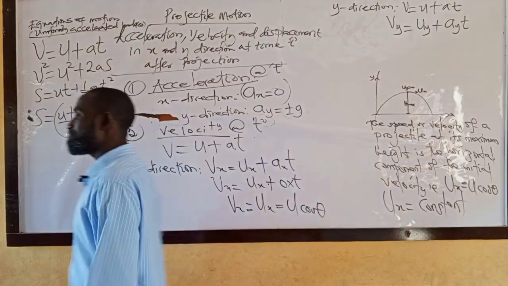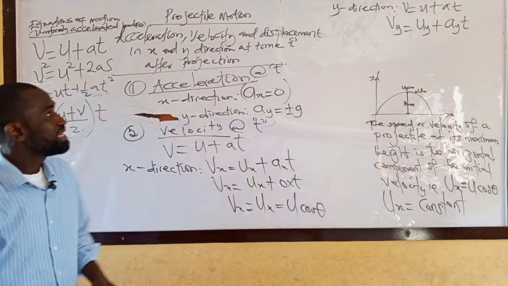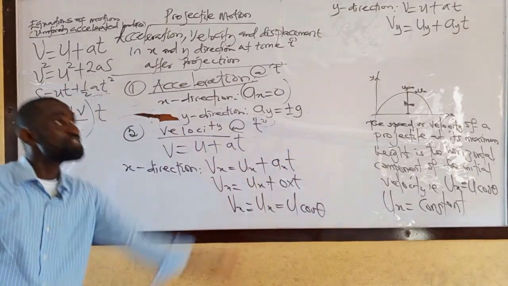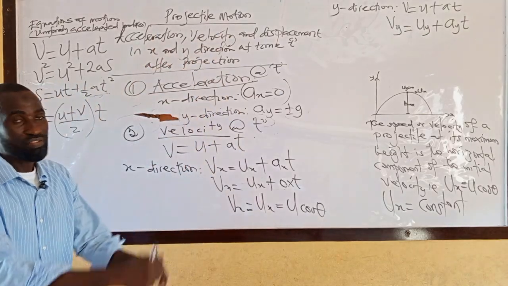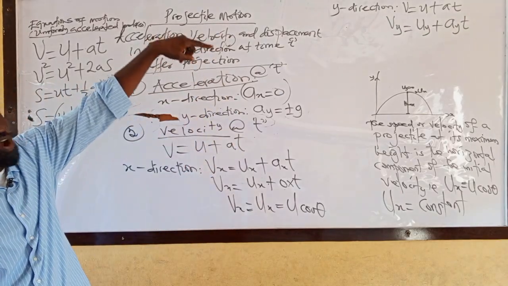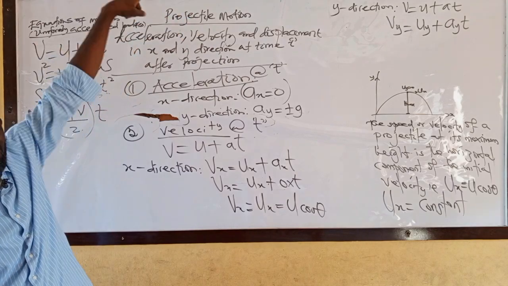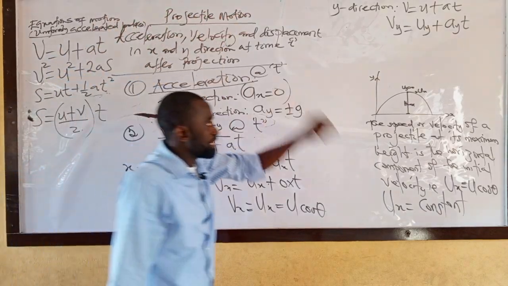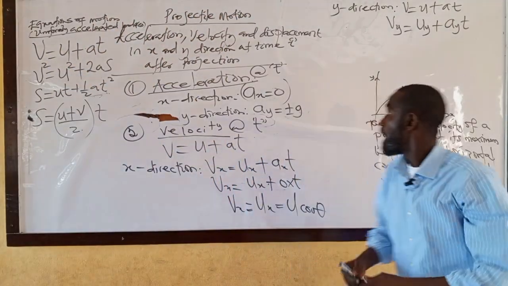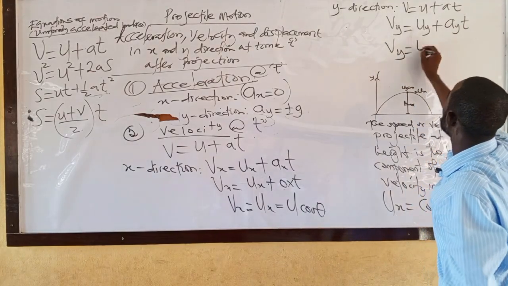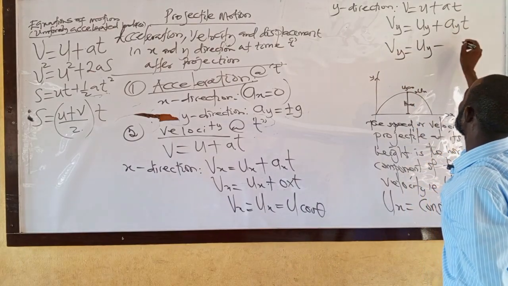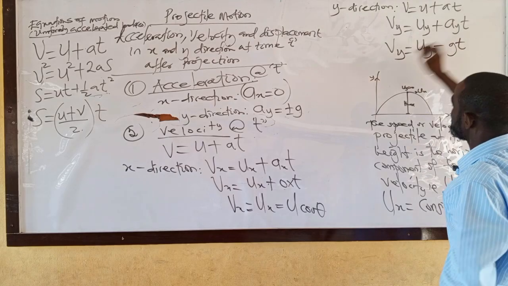And I said if the body is moving against gravity, you project the body upward, the body is moving against gravity. So in that case, our a of y will equal negative g. Take negative value. So v of y equals u of y minus gt.